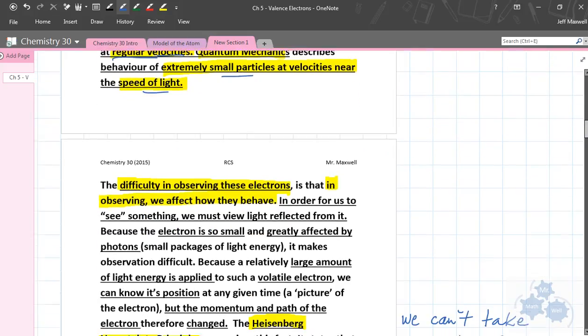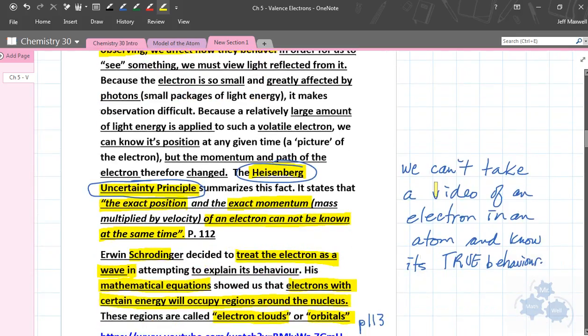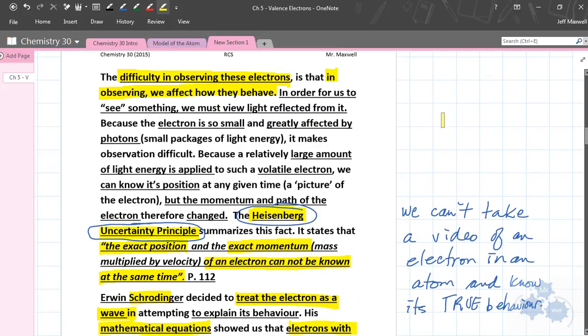We also talked about something called the Heisenberg uncertainty principle. You see that down here. And what that is a summary of is basically explaining how when we try to observe electrons in atoms, it's obviously extremely difficult, but any time that we try to observe something, especially if we're taking a video of an electron, we have to shine light on it in order for us to see something.